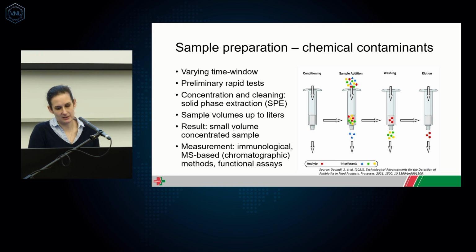We have some difficulties with this maybe, because for example, for filtration or the solid phase extraction, we have to provide under or over pressurization of the system, and we have to have this equipment to carry out the sample preparation.